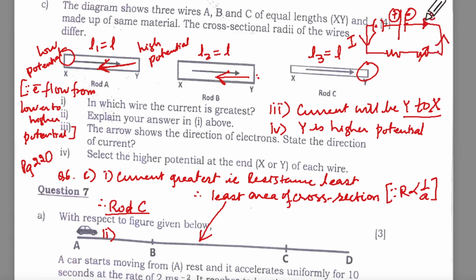I am showing electrons with a shaded arrow. So electrons are going from negative to positive, meaning lower to higher, no? But the current is going from positive to negative, meaning higher to lower. Now understood? Yes, ma'am. You're with me?